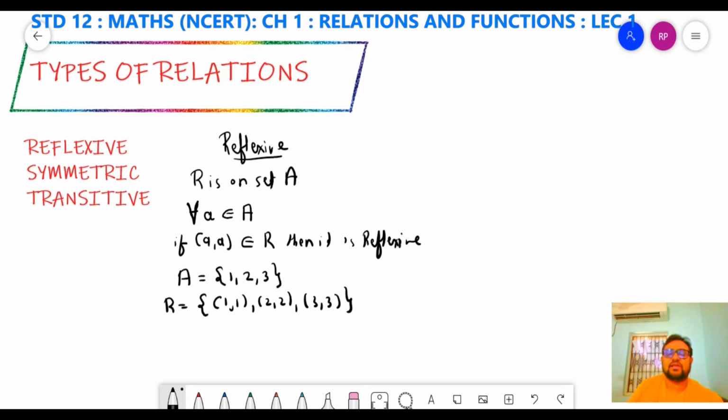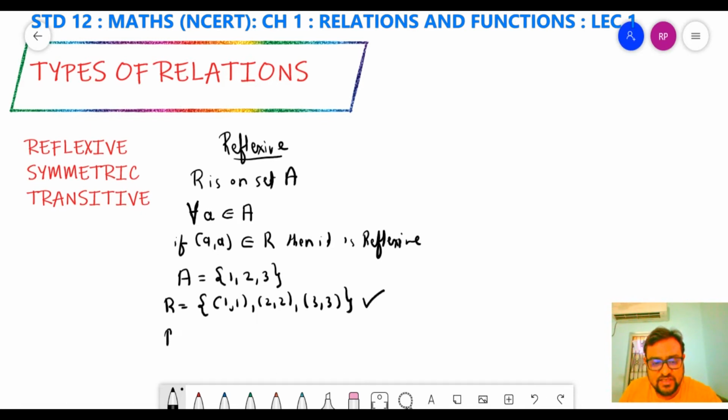Then this relation can be said to be a reflexive relation. Clear? So if it includes (1, 2), then it's okay. But (1, 1), (2, 2), and (3, 3) must belong to R. Means these must be included in R. See, then this is reflexive.